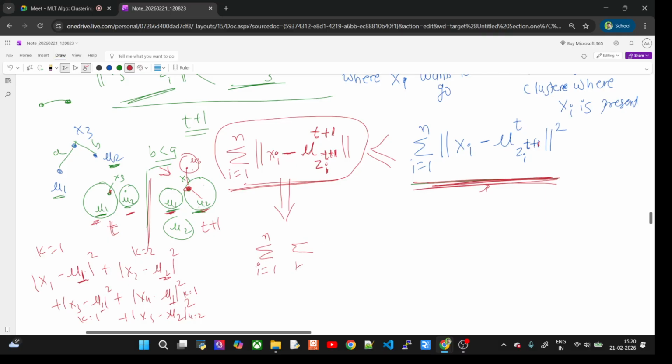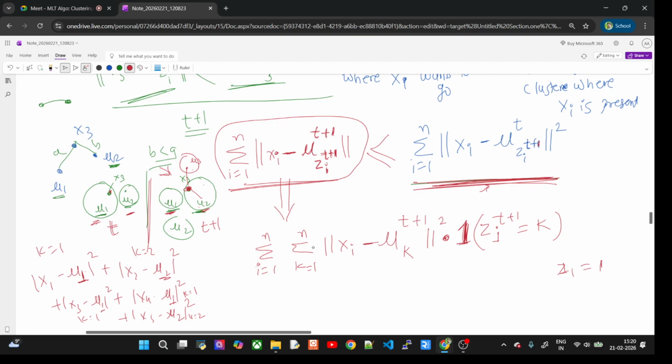So I will write k equal to 1 to n of xi minus mu k t plus 1. What I am doing here is using an indicator function. The points which belong to the kth group, the kth cluster, only those points will be there. If point z1 belongs to k equal to 1, only that point will be there.